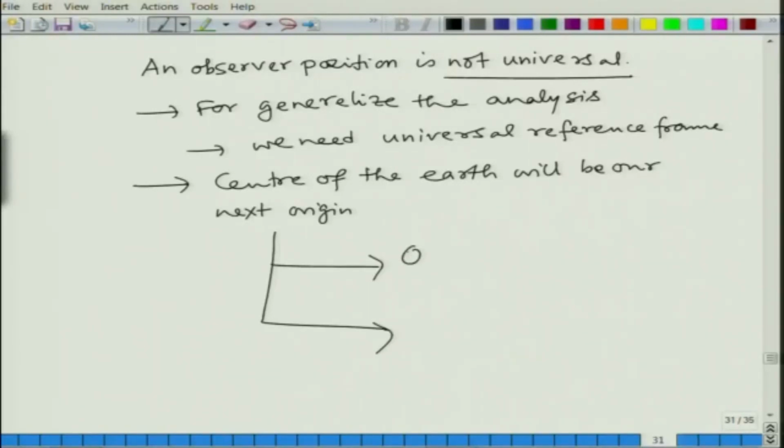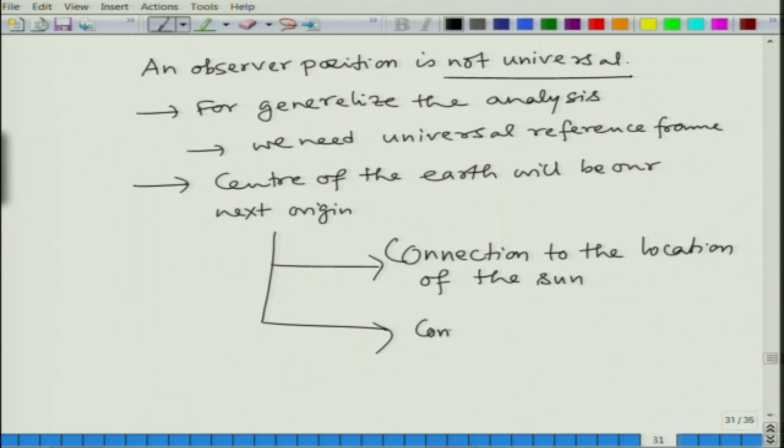One is the connection to the location of the sun, and the other connection we need to make is the connection to the location of the observer. Okay. So, let us do that.